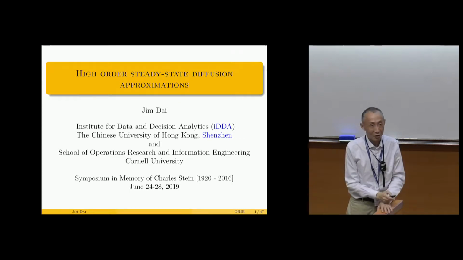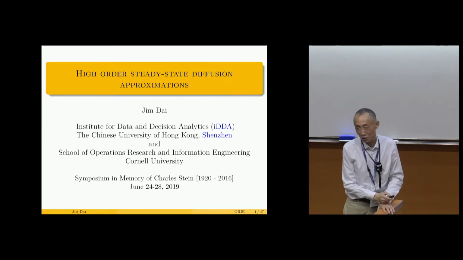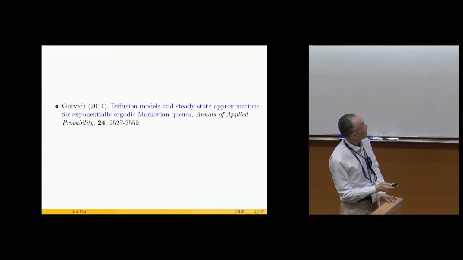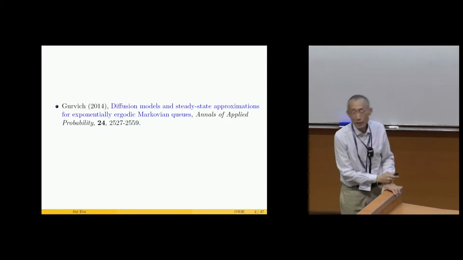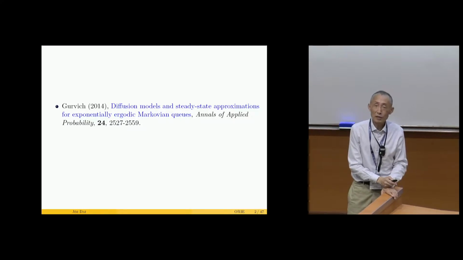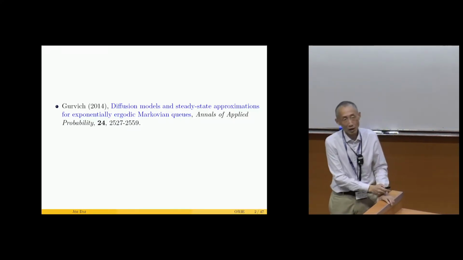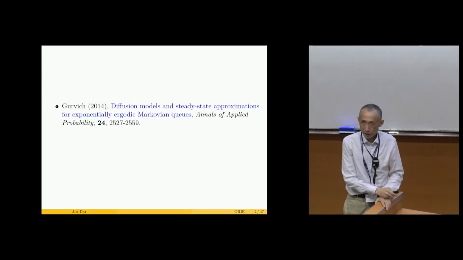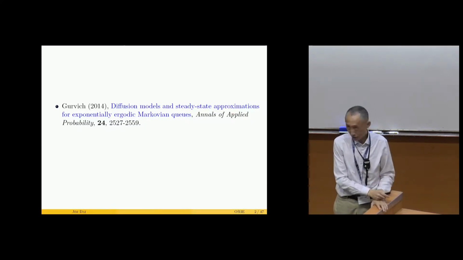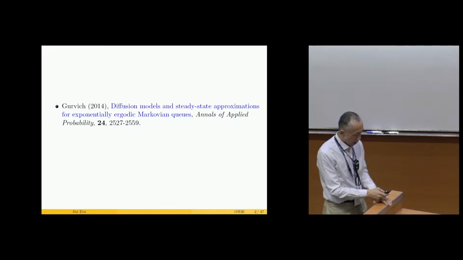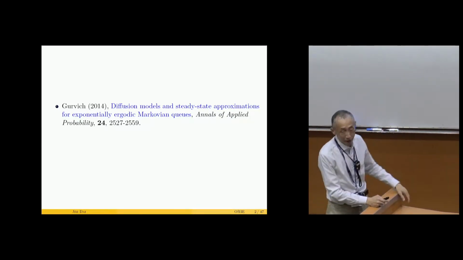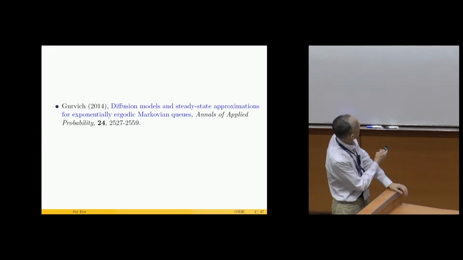That was all my exposure to Stein's method until around 2013, 2014, with a paper by Itai Gurvich, now my colleague at Cornell Tech, who essentially rediscovered the Stein method in the queuing context. Now in retrospect, I will talk more about this connection with other work.